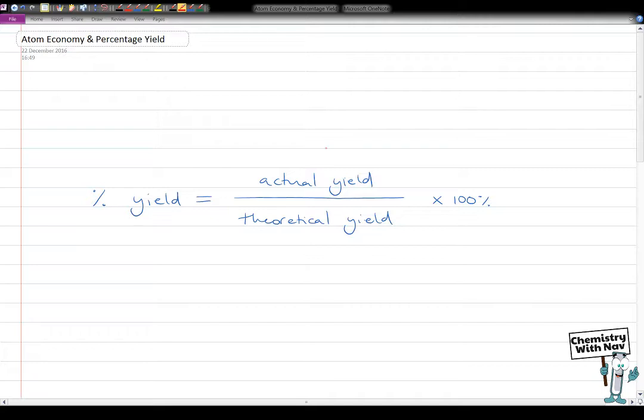So that's all we're going to end up doing here. The actual yield is usually from the question, whereas the theoretical yield is probably going to have to come from a mole calculation.